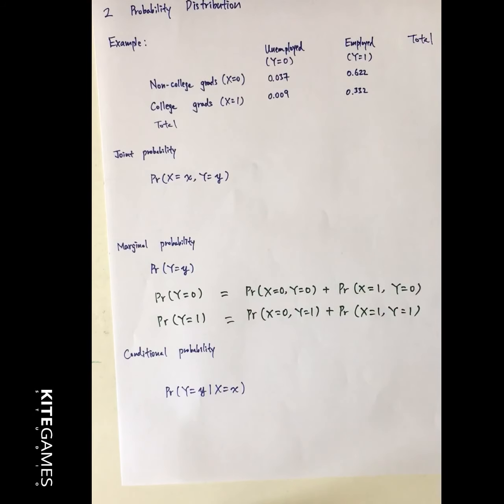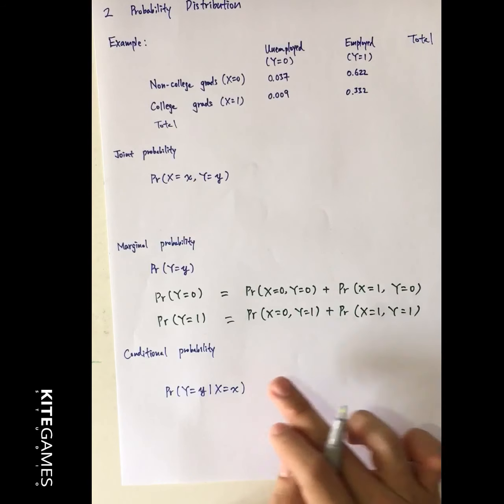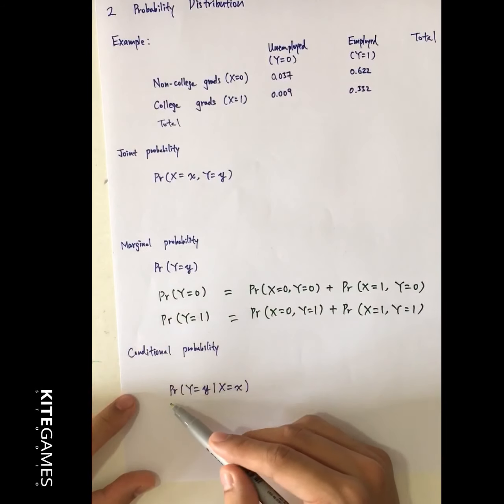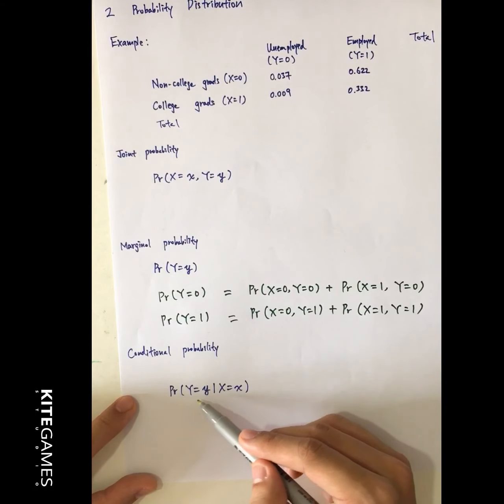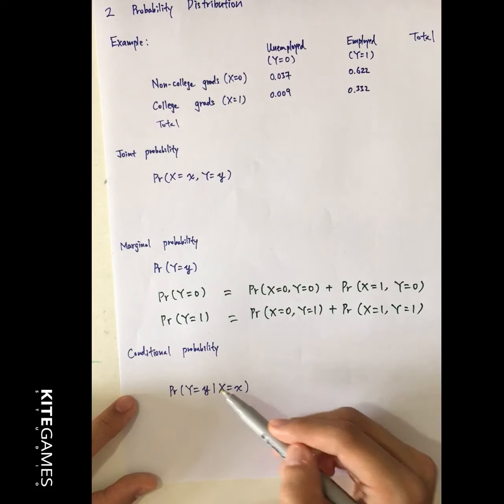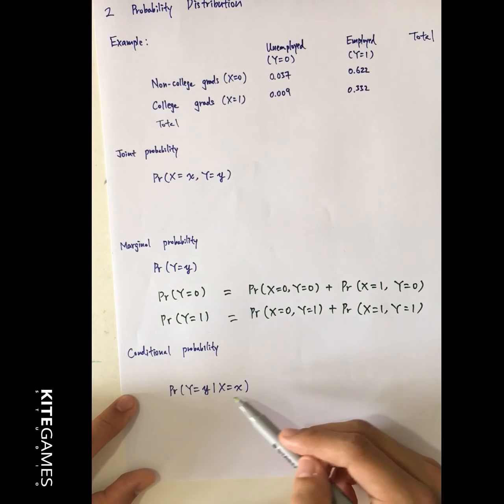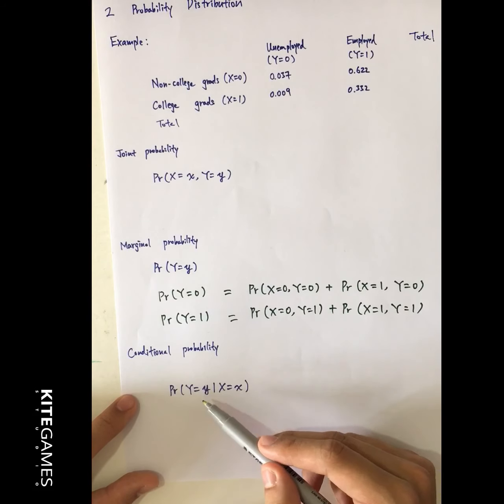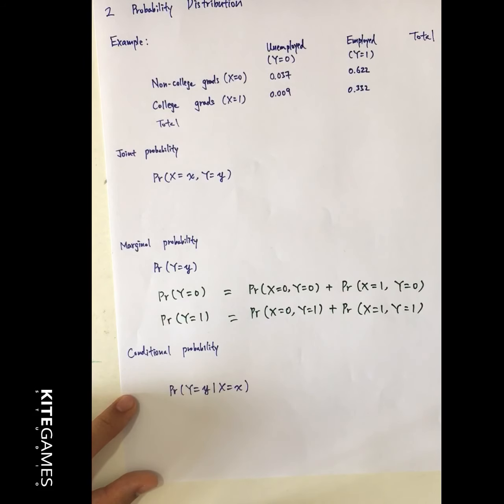So let's continue. Finally, the conditional probability. The conditional probability has the form P(y = y | x = x). This means: what is the probability that y equals some value given that x equals some value?